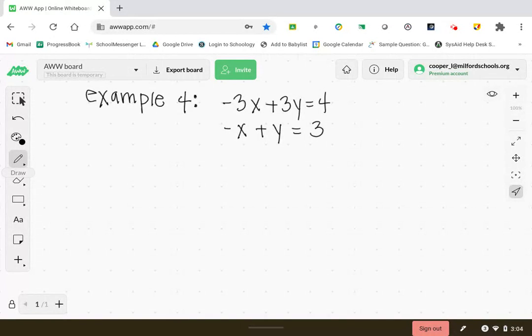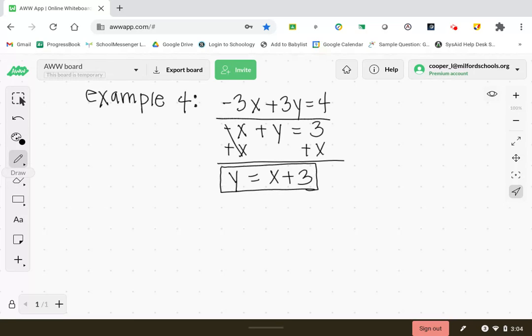So I've got to get one of them with variables by itself, which will be the one on the bottom. So I'm just going to go ahead and add x here. That gives me y equals x plus 3. So there's the equation I'm going to use with the variable by itself, and I'm going to put it right in here. So that becomes negative 3x plus 3 times x plus 3 equals 4.